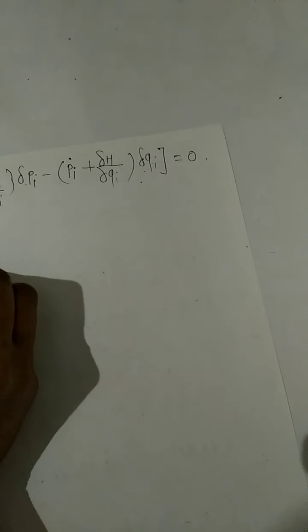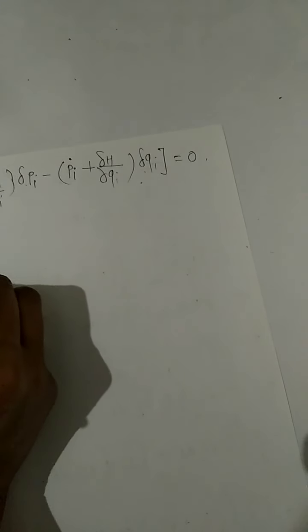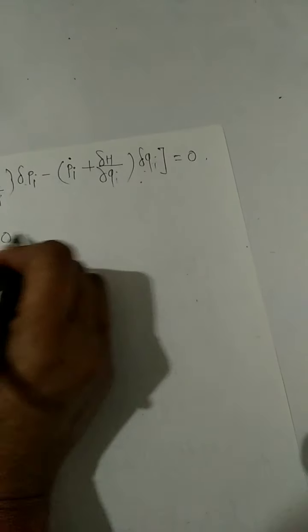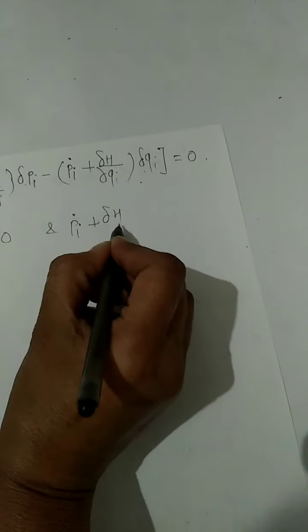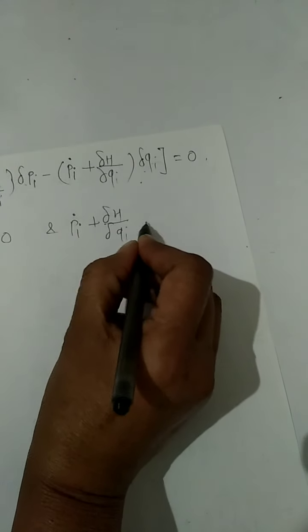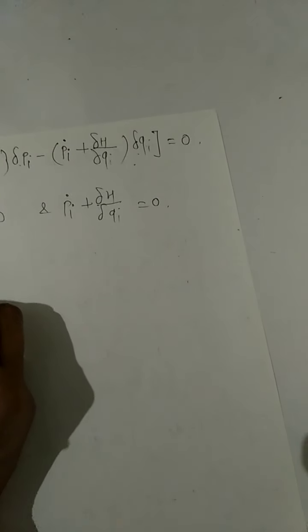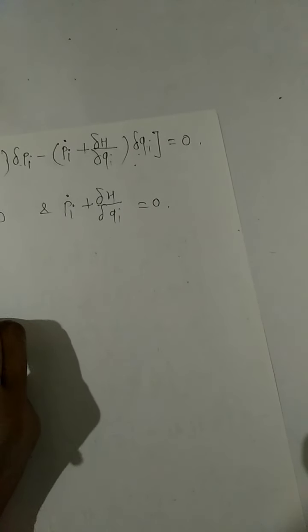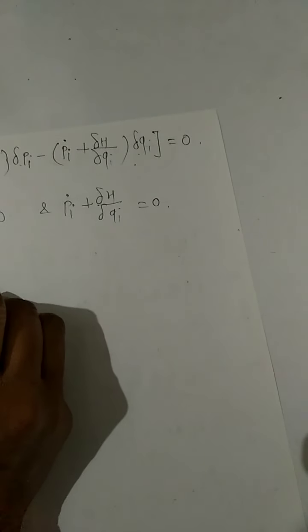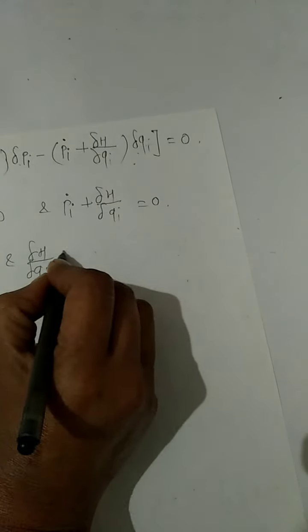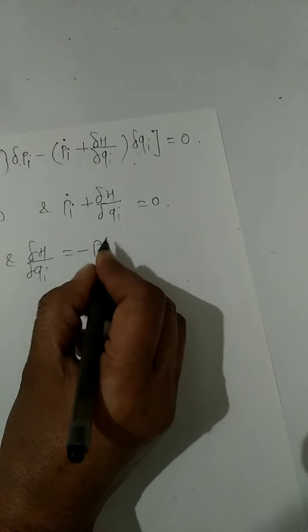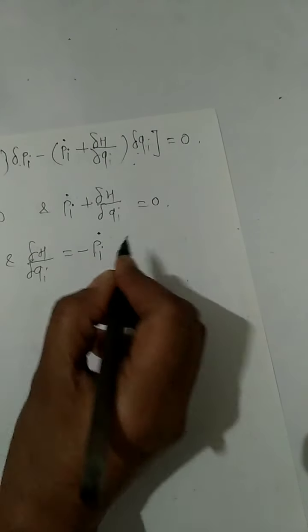Qi dot minus del H upon del Pi is equal to 0, and Pi dot plus del H upon del Qi is equal to 0, meaning del H upon del Pi is equal to Qi dot, and del H upon del Qi is equal to minus Pi dot.